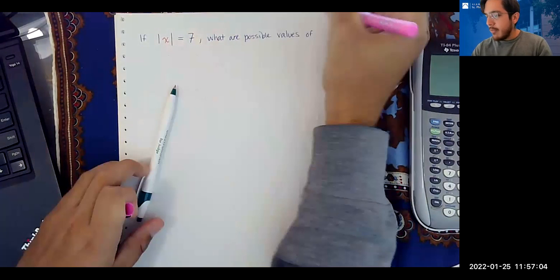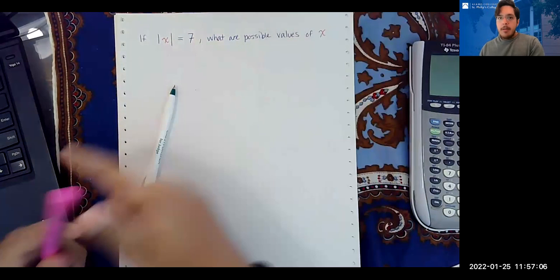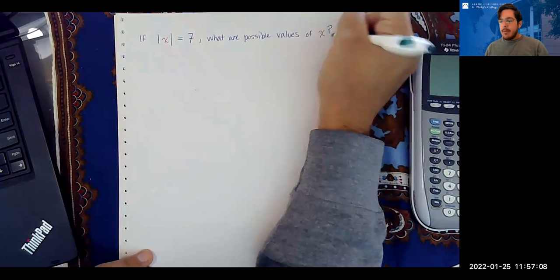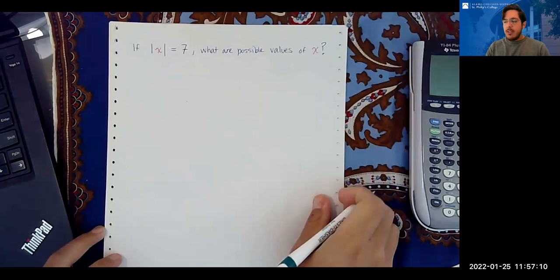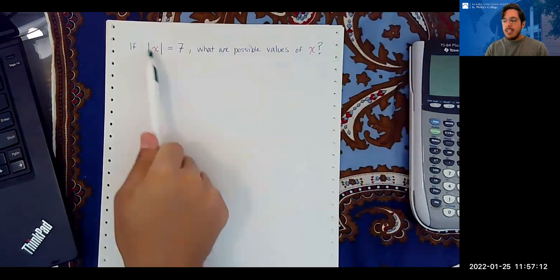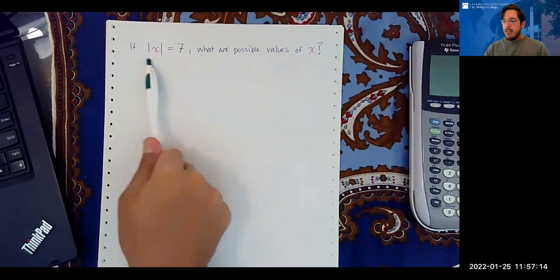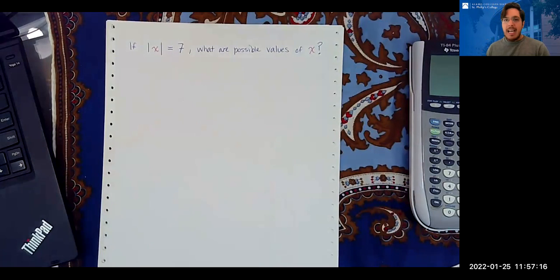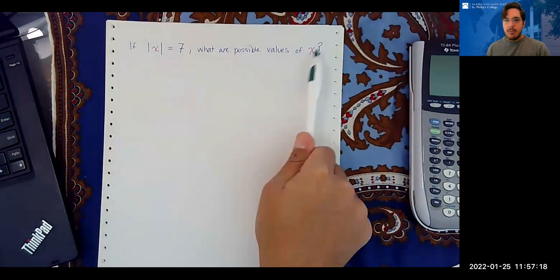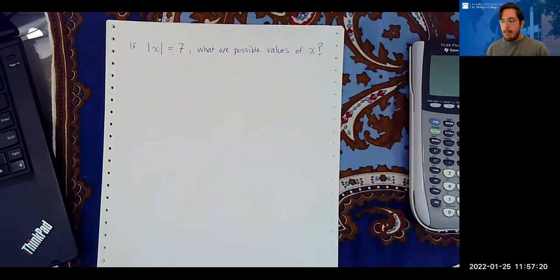Okay, so let's think about that for a second. This is asking us, if we have some number that has a distance of 7 units from 0, what are those possible numbers that have that distance of 7 from 0? What does x have to be?